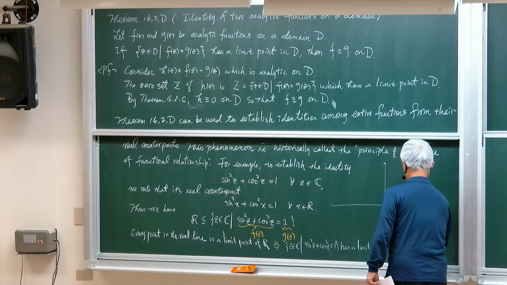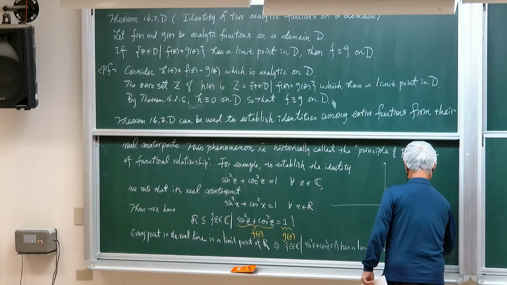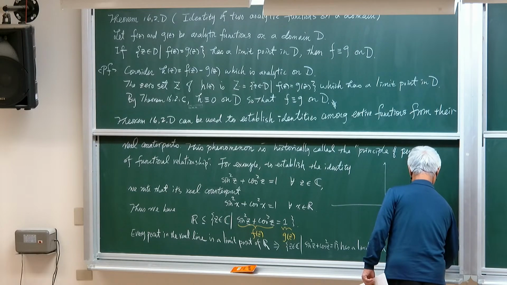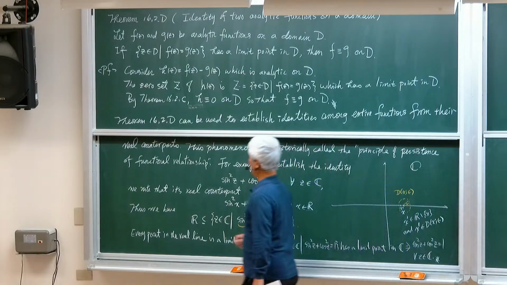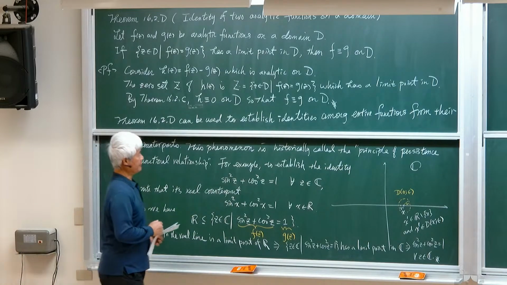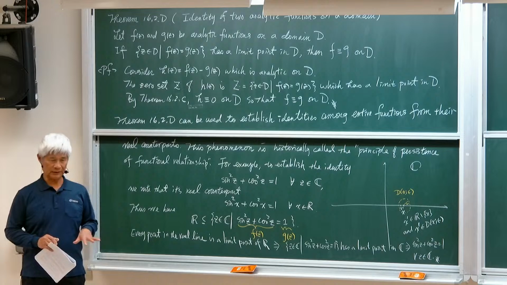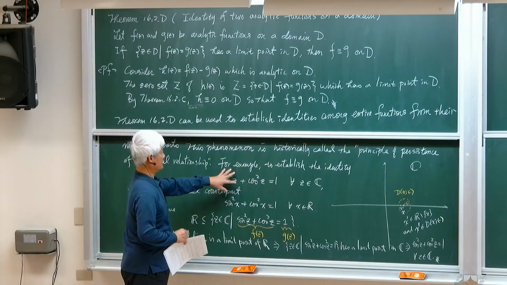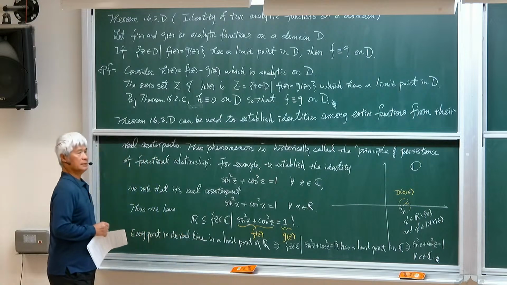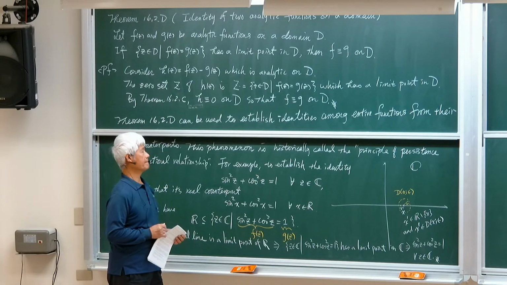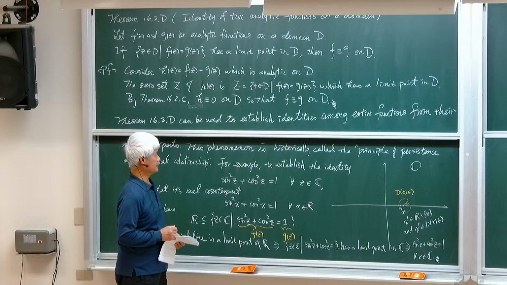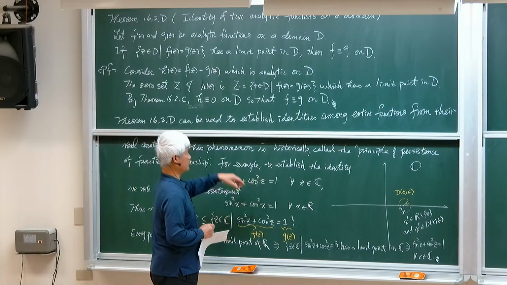So this implies that sine squared z plus cosine squared z equals 1 for all z in C. Basically, if you have an identity about functions defined on the real line, then you can extend it to an identity on a domain in the complex plane. So this is just an application for entire functions.